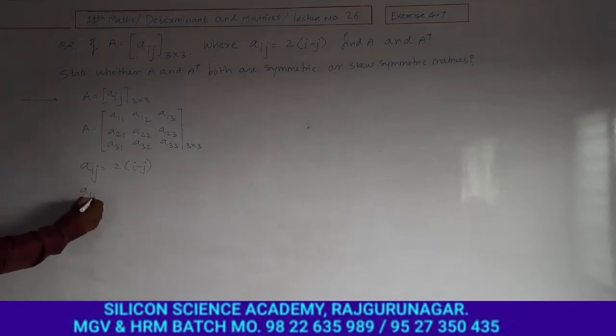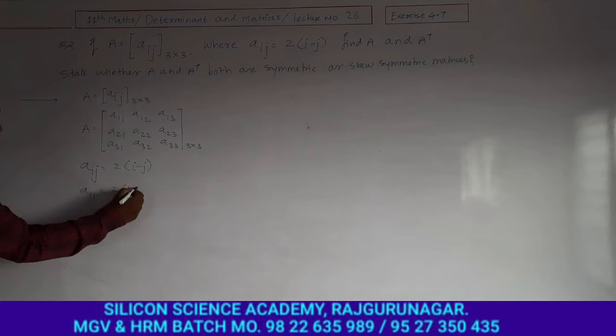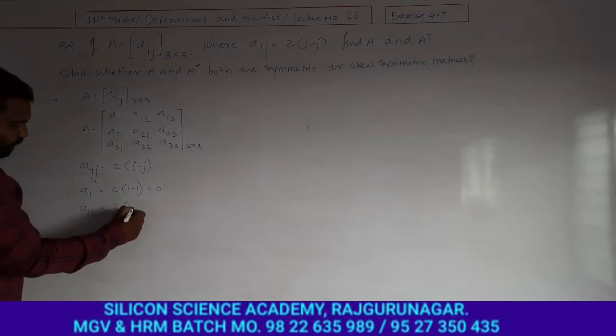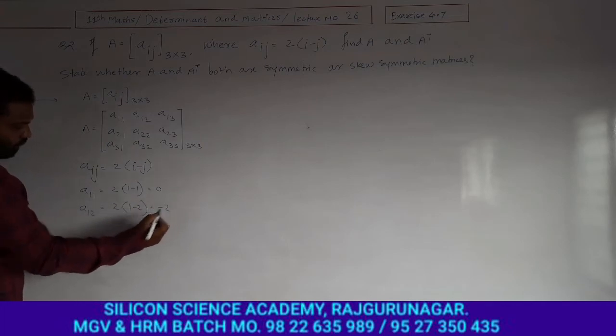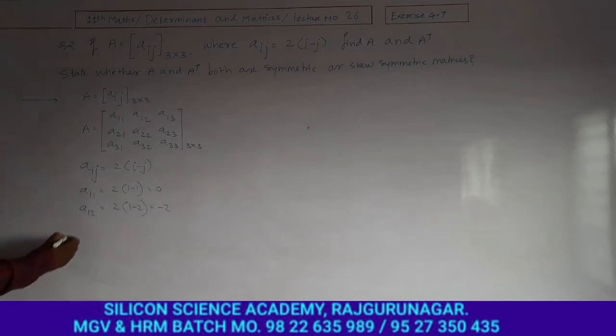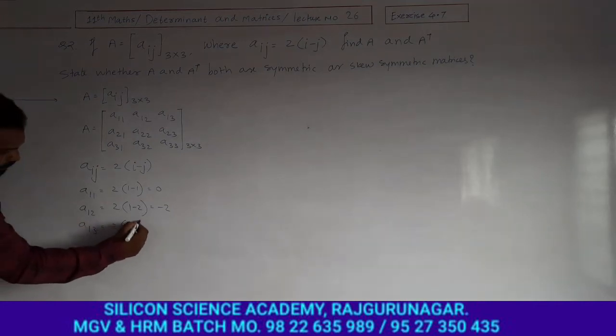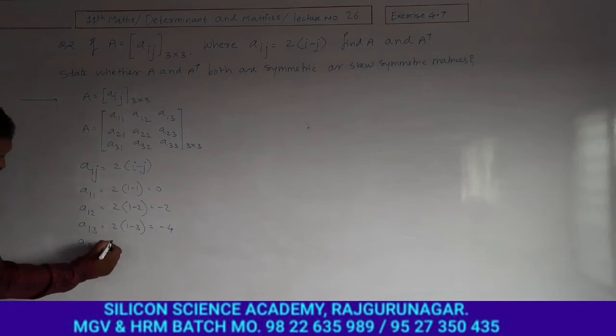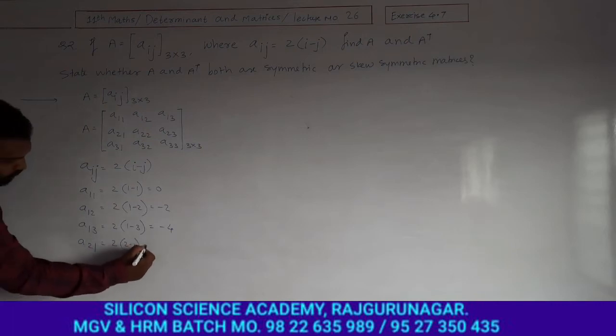What is A11? That is 2 into 1 minus 1, that is 0. What is A12? That is 2 into 1 minus 2, that is minus 2. A13 is 2 into 1 minus 3, that is minus 4. A21 is 2 into 2 minus 1, that is 2.